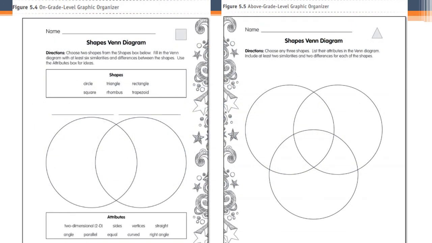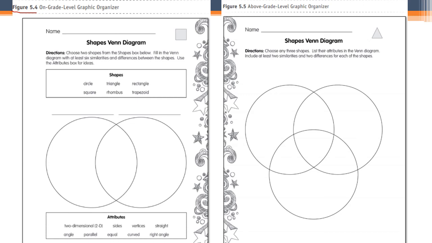So, to have a clearer view, these two materials here, we have a Venn diagram. So, figure 5.4 here. This is a material for on-grade, so yung mga average learners. Ito yung above average. Pansinin niyo, okay? The directions and the construct of the material.